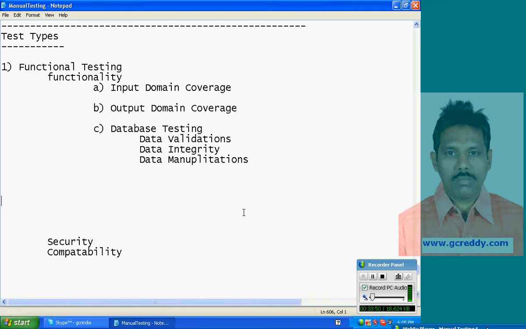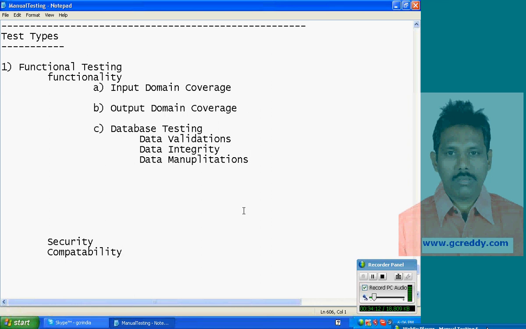Changes. See, three types of changes: additions, deletions, modifications. Addition, deletion, and updation or modification.